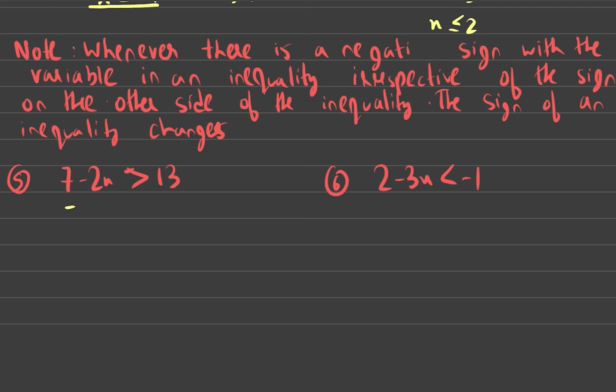So now the question is like this. Minus 2x, 13 minus 7. You can write like this. Minus 2x greater than 13 minus 7 is 6.